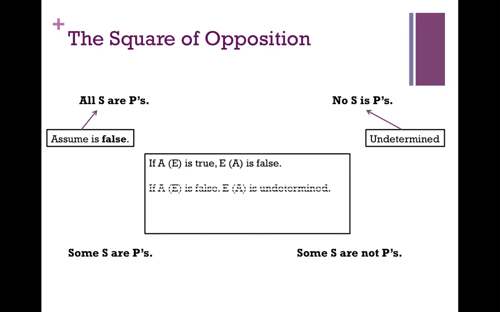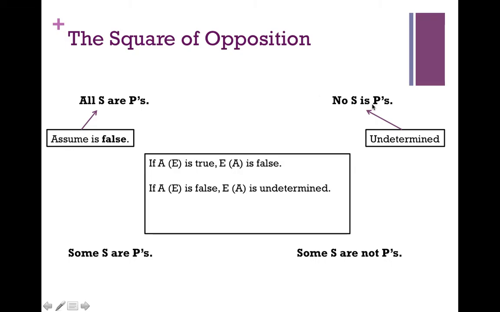And so we can state this with certainty, that if an A form proposition is false, then the truth value of E is undetermined. And just as before, this is going to work the same in the opposite direction.